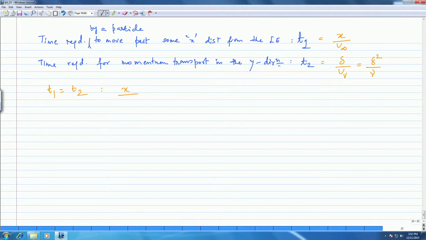I get x by u infinity is equal to delta squared by nu, or delta, which is a function of x, is equal to the square root of x nu by u infinity.